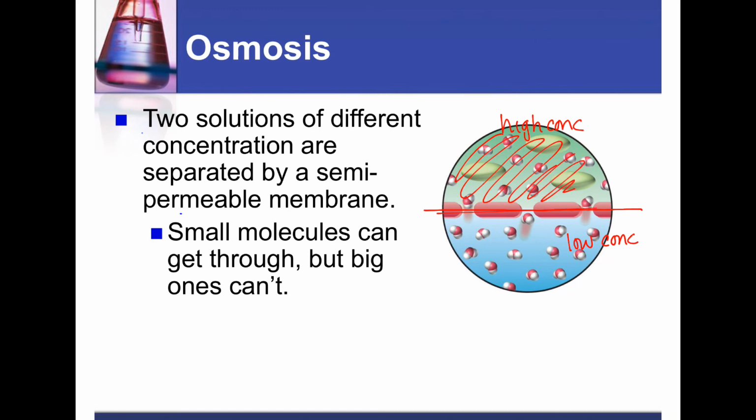So if it's our skin, we have a higher concentration on one side of our skin and we have no plasma on the other side of our skin. So almost all biological situations work in an osmosis situation where you have 2 different concentrations separated from each other by a semi-permeable membrane. Sometimes the semi-permeable membrane is skin, sometimes it's just a cell wall, sometimes it's a plant membrane, but there's a lot of semi-permeable membranes out there.